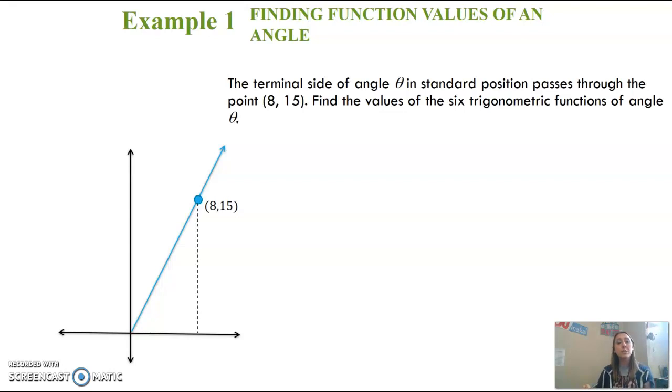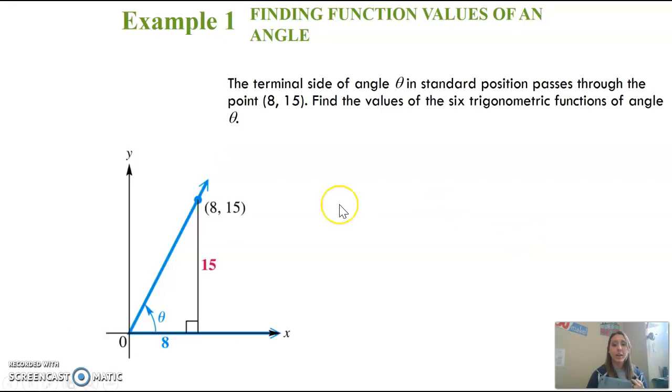We're going to use that to help us figure out the length. So if my x is 8, that means I went over 8 spaces. And that means I'm going up 15. And now I just have myself a regular old triangle. We can find the hypotenuse, the r. That would be easy. Okay, so let's actually find r. So we know our x, we know our y. So here is our r.